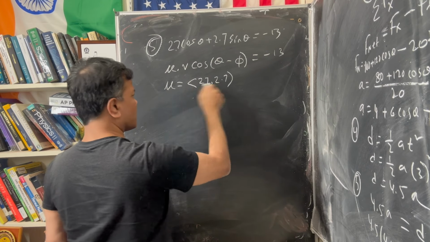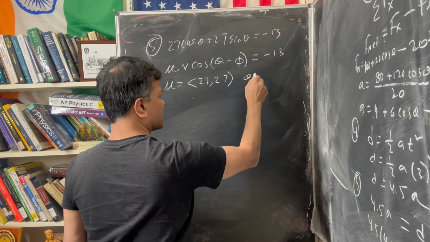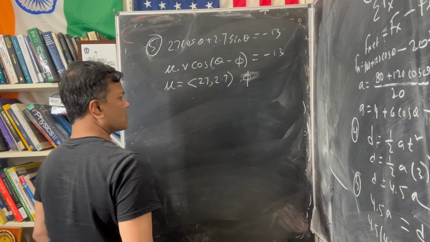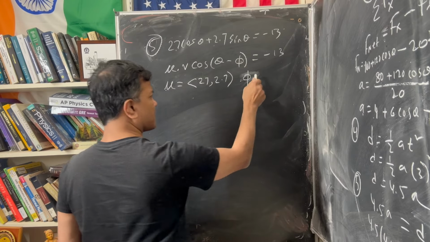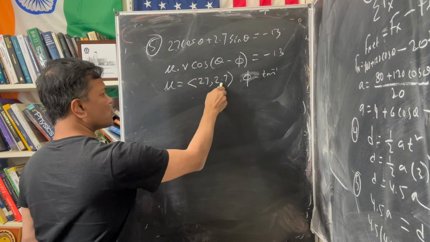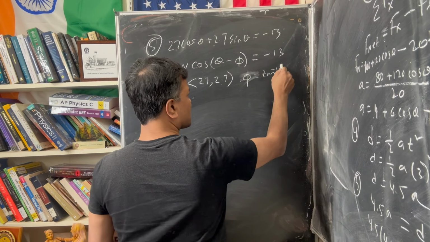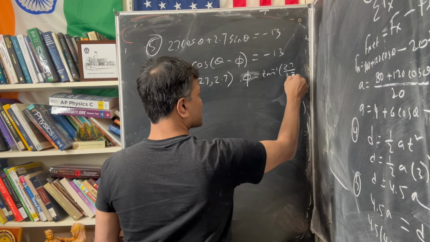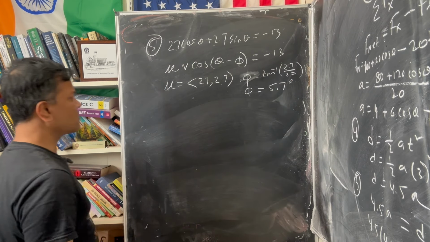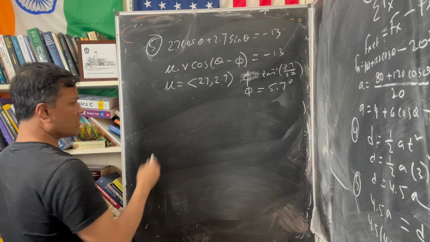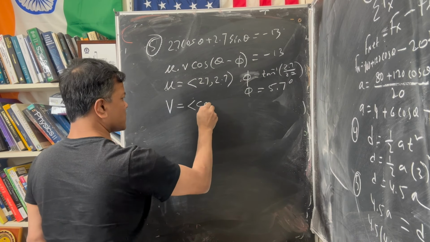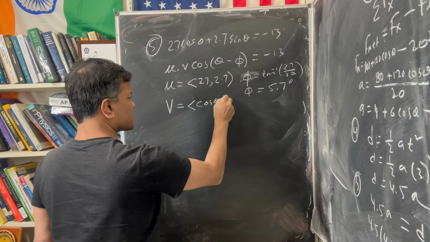The angle for this one, we're going to call it P, because we have two angles going on over here. P is tangent inverse of 2.7 divided by 27, so P is 5.7 degrees. All right. What is V? V is cosine theta comma sine theta.